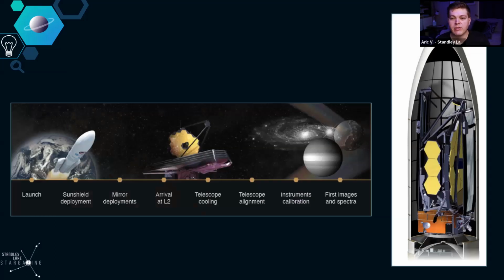We are now towards the end of this timeline here, where we've passed the launch on Christmas Day. Then the sun shield was the very first thing that was deployed. Now, the sunshade by itself, or the sun shield, is an incredible piece of engineering. Everything else on the telescope, and pretty much everything that's ever been put into orbit, more or less, is what engineers call deterministic.